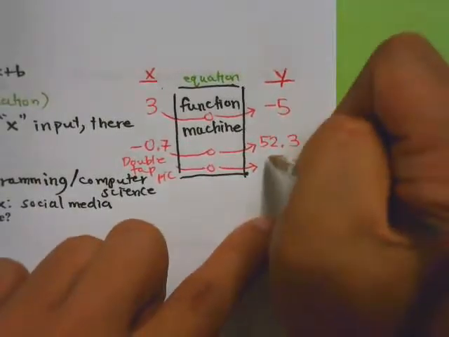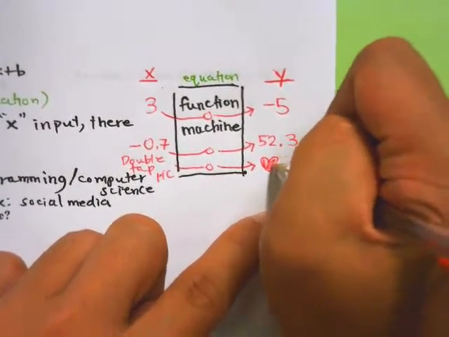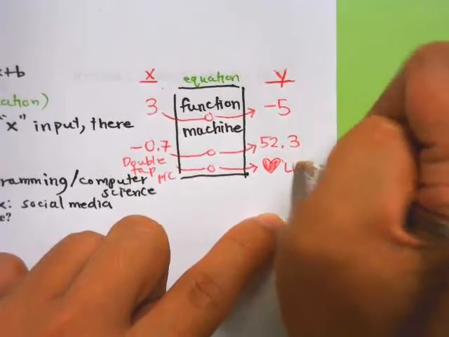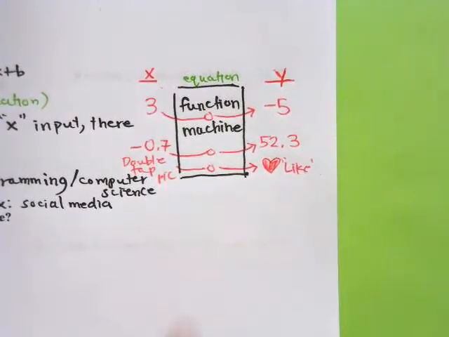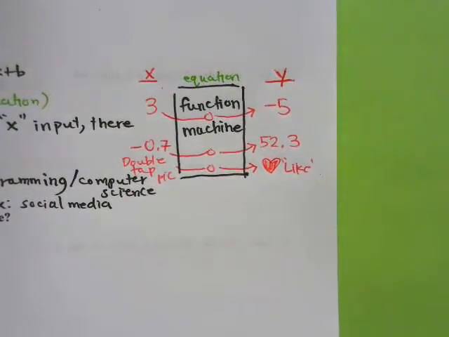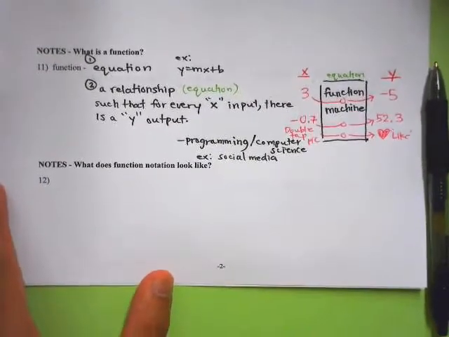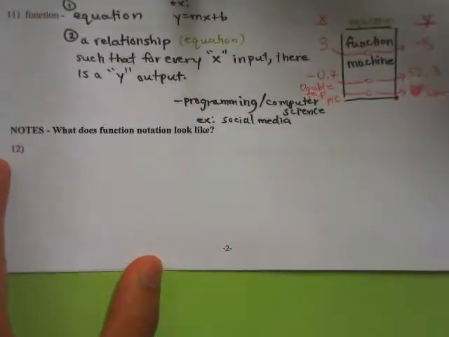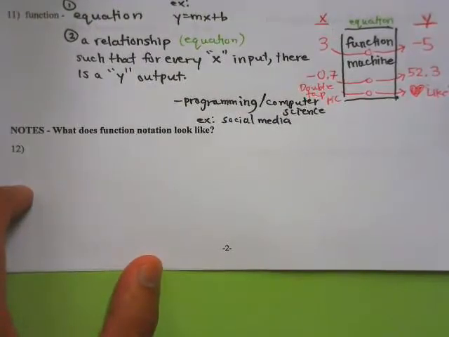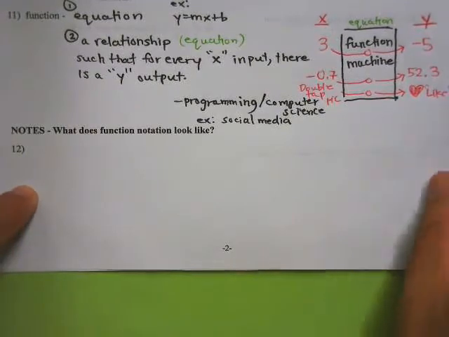What happens is they will receive a heart or a like or whatever this is called. Okay, so this is really the basis of computer programming and computer science. You do something, something comes out. Okay, so it really does relate back to the everyday world that we are doing.